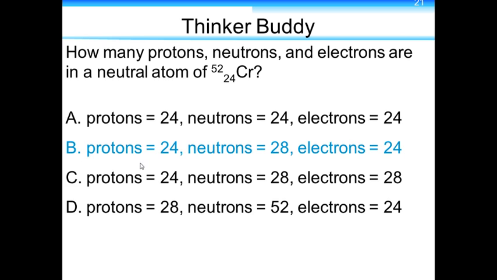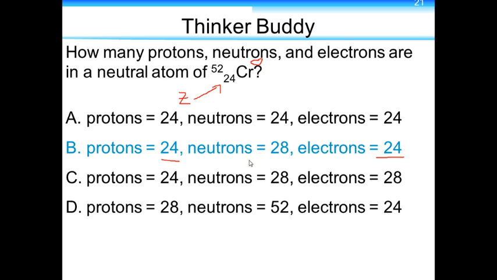So B is correct. So remember that the atomic number, Z, tells us the number of protons. Now, for the number of electrons, we're looking for a charge. There's no charge here associated with this isotopic symbol. If that's the case, then we also have 24 electrons, because in a neutral isotope with no charge, the number of protons equals the number of electrons.